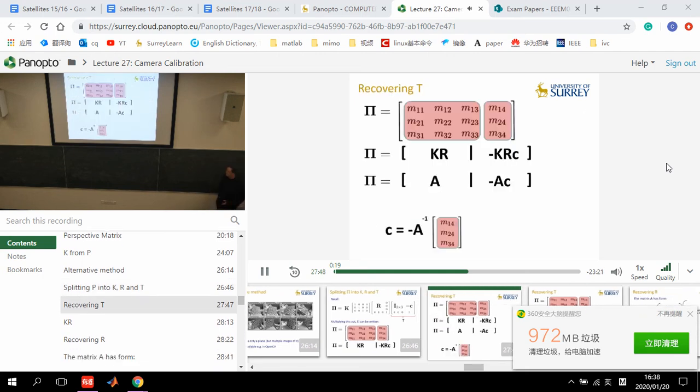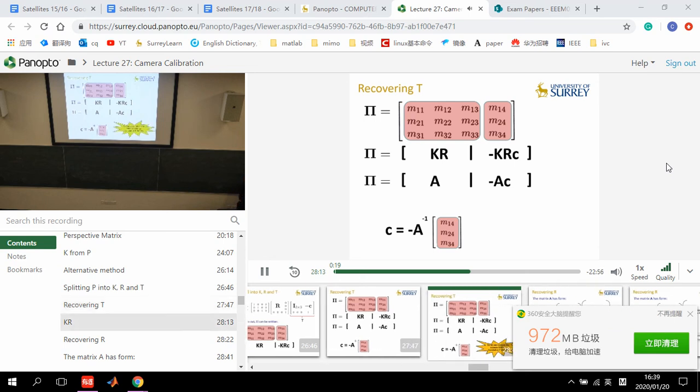If we were to write, for example, KR just as shorthand as A, then our A is our 3x3 section, and our right-hand column is negative AC. So C is simply negative A inverse multiplied by that final column vector. So we can trivially recover the translation component of the extrinsics, which, if you recall, is equivalent to the coordinates of the camera's center of projection, its focal point.